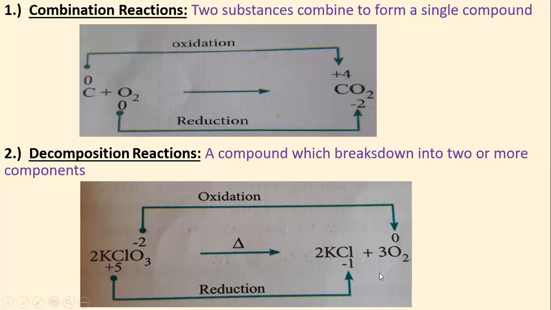Whenever a reaction is given, first you have to find which one is oxidation and which one is reduction. We all know how to calculate the oxidation number. Once you know the oxidation state, you have to find whether it increases or decreases. If it increases, it is said to be oxidation. If it decreases, it is said to be a reduction reaction.